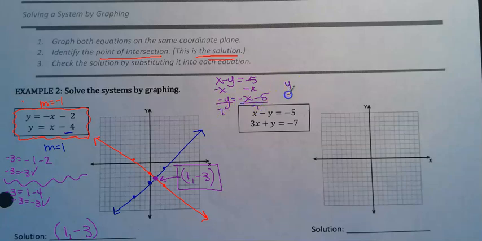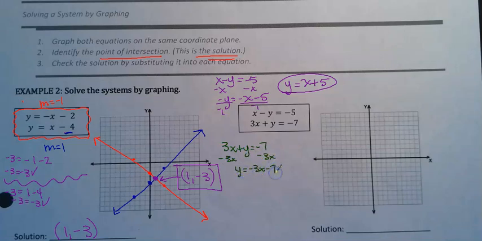That's going to give us y equals x plus 5 as one of our equations. And for the other one, we have 3x plus y equals -7. Subtract 3x. y equals -3x minus 7. That's our other equation. So we've got to get them into slope-intercept form so then we can graph them.